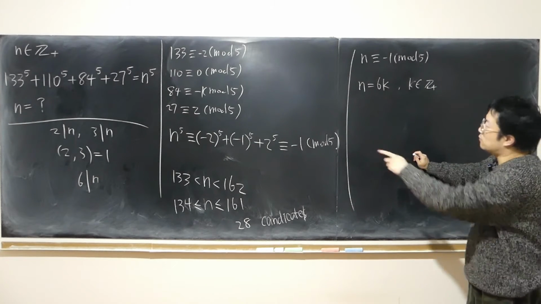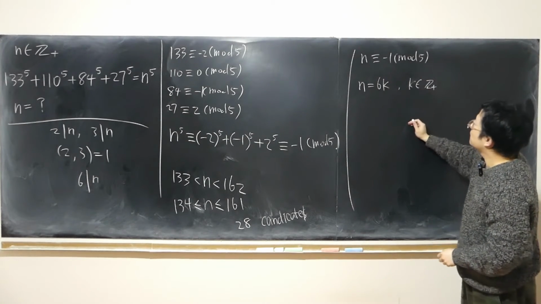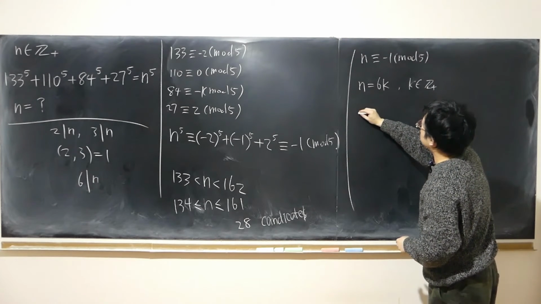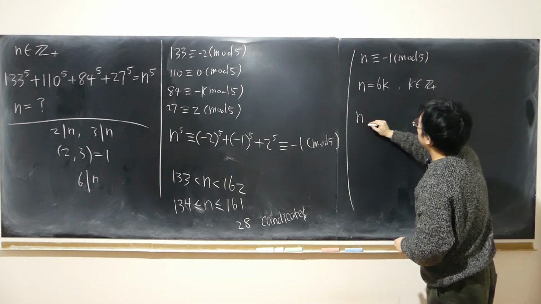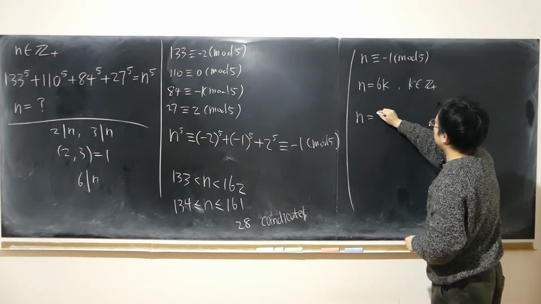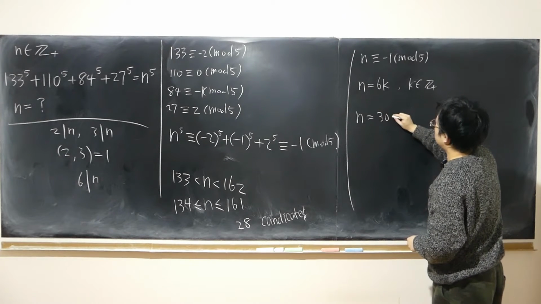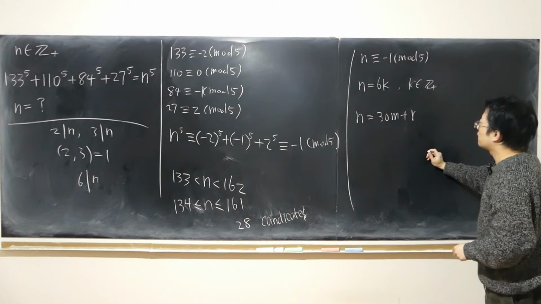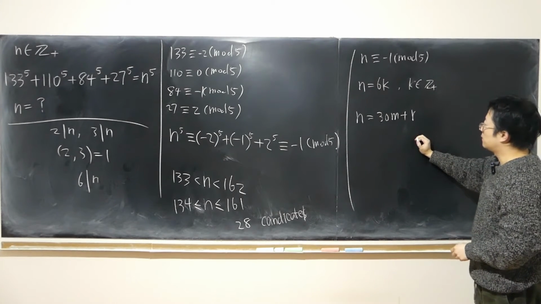And 6 times 5 is 30. What if we divide by 30? What's the remainder? So I want to write n equal to 30 times m plus r. I want to know what the remainder is.